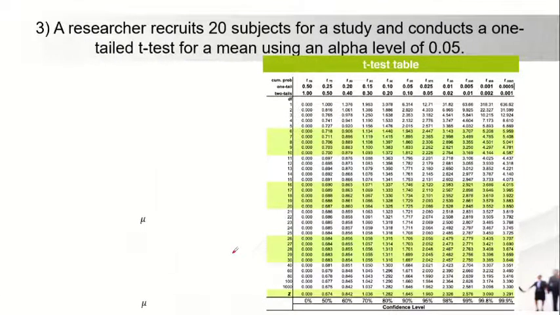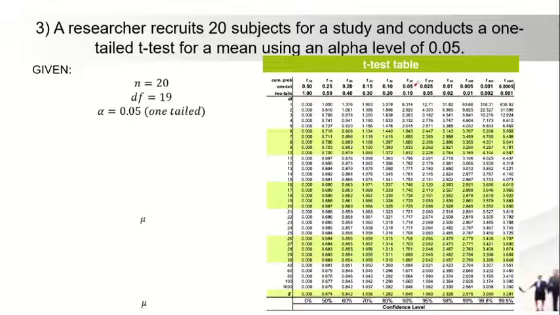Next, a researcher recruits 20 subjects for a study and conducts a one-tailed t-test for a mean using alpha of 0.05. One-tailed. Example, we have 20 samples, then minus 1, degree of freedom 19. Your level of significance 0.05, one-tailed.